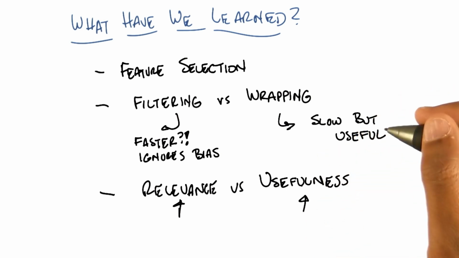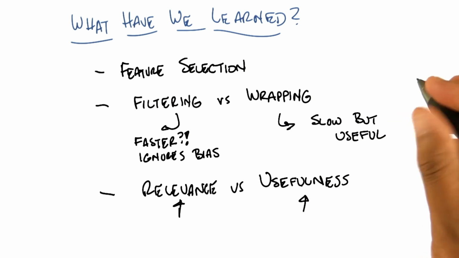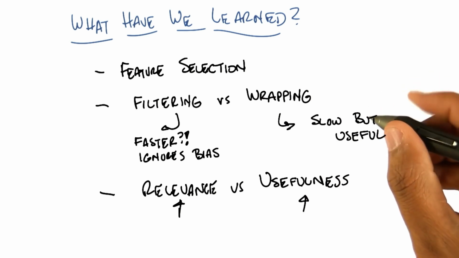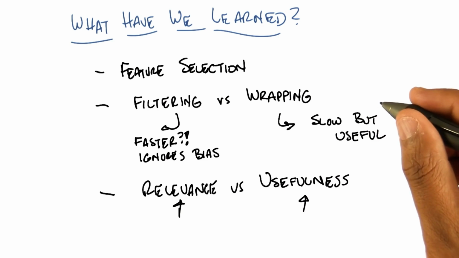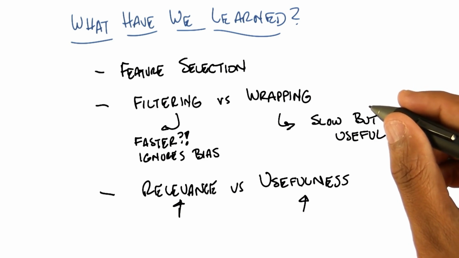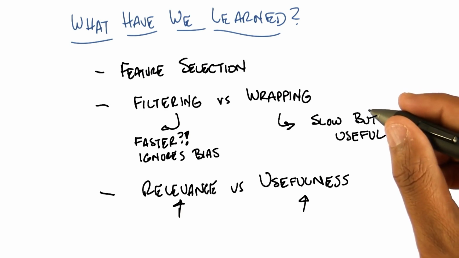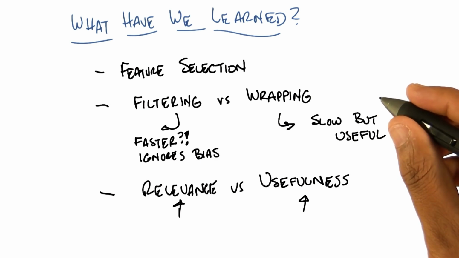Right, and you reminded me what a Bayes optimal classifier was, which I guess I should have known already, but somehow I didn't understand how it fit into this context. Yeah. Well, the main power of Bayes optimal classifiers is that it's sort of the gold standard. It's the ultimate that you could do if you had everything and all the time in the world. Could I say that relevance is usefulness with regard to the Bayes optimal classifier? Yes, actually you could. I like that. It's a special case of usefulness.